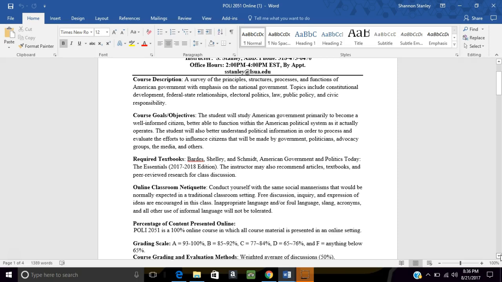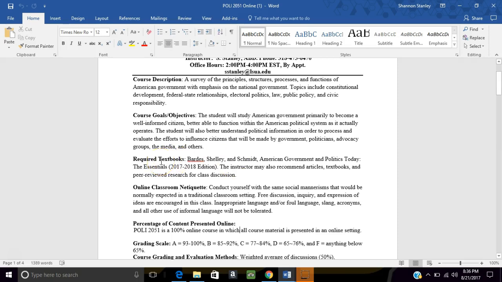The student will also understand political information in order to process and evaluate the efforts to influence citizens that will be made by government, politicians, advocacy groups, the media, and others. Okay, so a lot of information there. Again, this is a very broad and basic general idea of what we're doing here in this class.